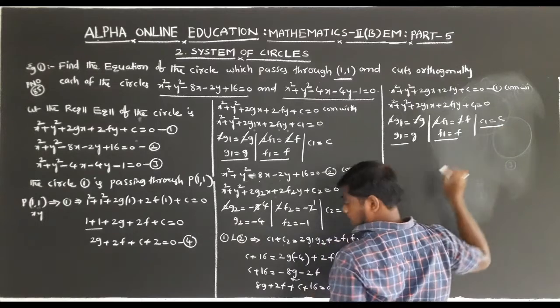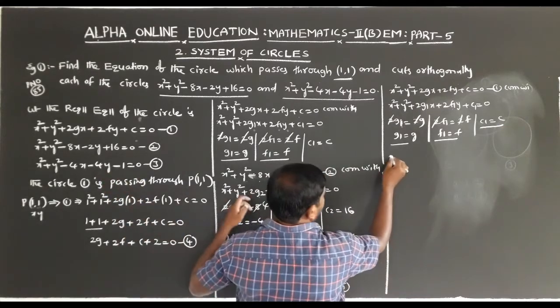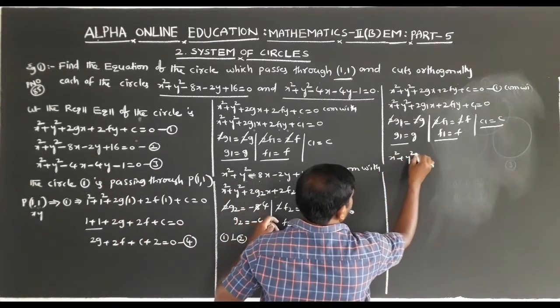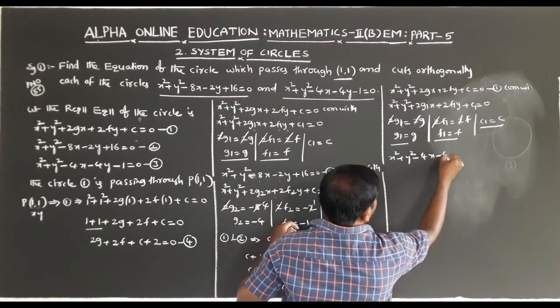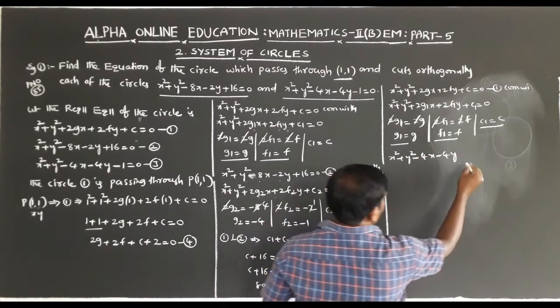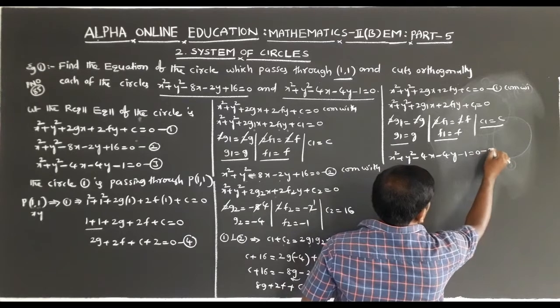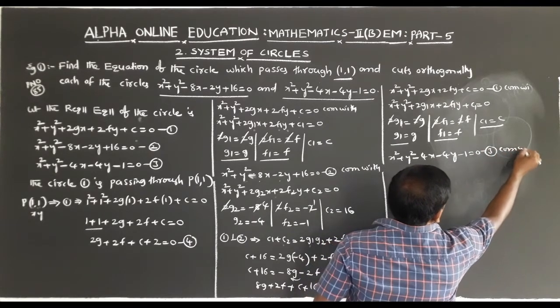Again, the third circle is x square plus y square minus 4x minus 4y minus 1 is equal to 0.